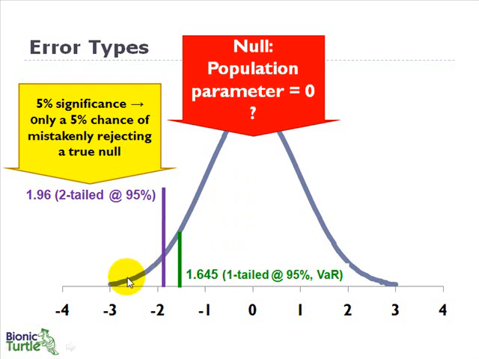Well, the normal distribution has told us that 5% of the time, just randomly, we are going to fall outside of this. So if we reject our null hypothesis, it's possible that in 5% of those cases, we are rejecting something just because it happened randomly.